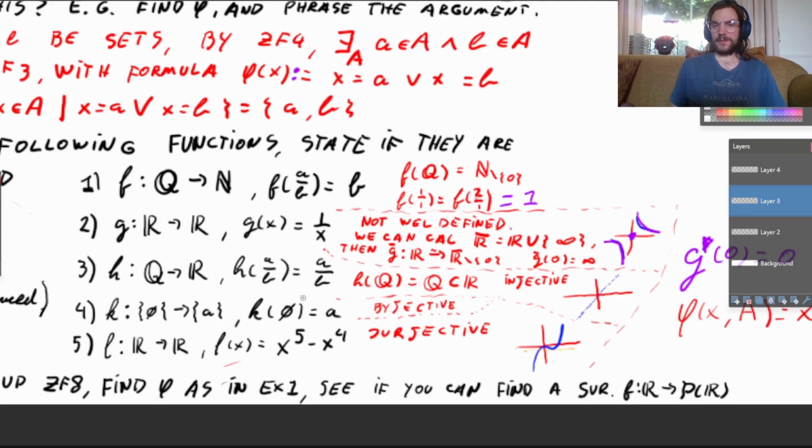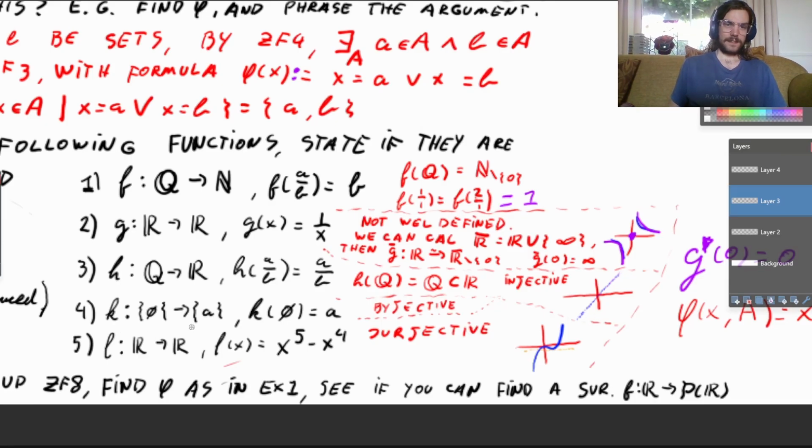The square root of 2, as we saw in the last episode or 2 episodes ago, is not an element of the quotient, so it's not going to be mapped here. So this is going to be injective but not surjective. And the way you can think about this function is as the identity, but with an infinitely fine sieve with infinite holes in it, basically. It's hard to think about, but you can imagine it.